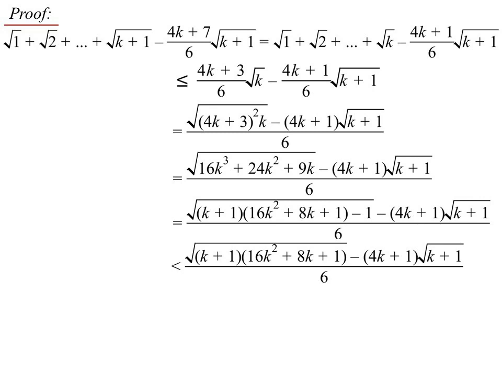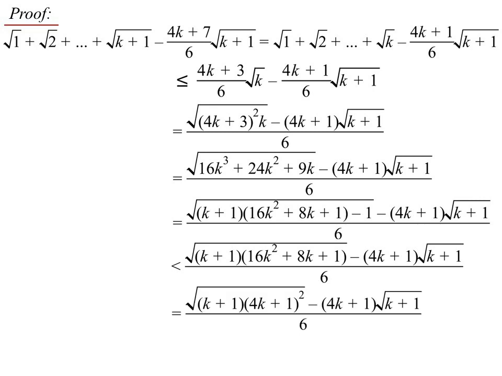Now remember, we're trying to prove an inequality, and as long as that inequality sign is preserved, which it is, we're only dealing with less thans here, or equal signs, that's fine. Everything's okay. But now that means I can have the square root of k plus 1 I'm looking for. I can pull these terms together, because now have a look at that second factor. 16k squared plus 8k plus 1 is a perfect square.